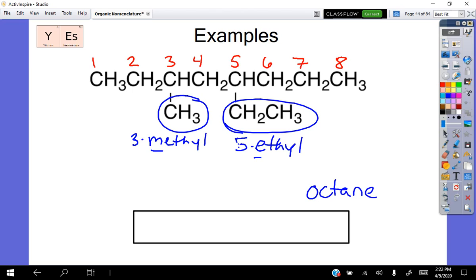E comes before M, so this is going to be 5-ethyl 3-methyl octane. Notice that it doesn't matter where the numbers are. The numbers do not have to be sequential, but the alphabetization of these branches is what matters. So 5 can come before 3 as long as it's paired up with a branch that comes first alphabetically.